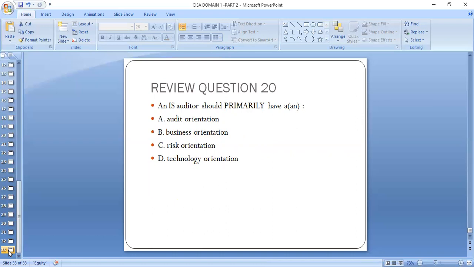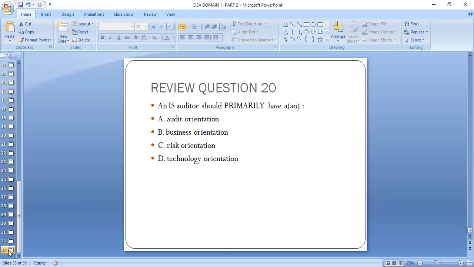So what you are doing as an auditor, as a risk manager, as a compliance professional is adding up to what the sales guys are doing, what the production guys are doing, what the IT guys are doing, so that at the end of the day, we achieve our goal, which is basically to ensure that the business objectives of that organization are achieved. So it's very important for the modern day auditor to actually have a business orientation.